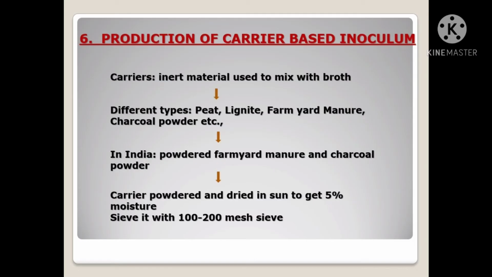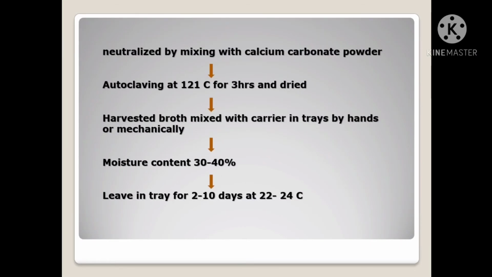This carrier should be powdered and dried in sun to get 5% moisture. Then sieve it with a 100 to 200 mesh sieve. Before using, the carrier material should be neutralized by mixing it with calcium carbonate powder. Thereafter autoclave at 121 degrees Celsius for 3 hours. Again dry this carrier material.